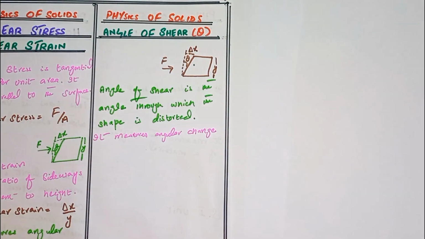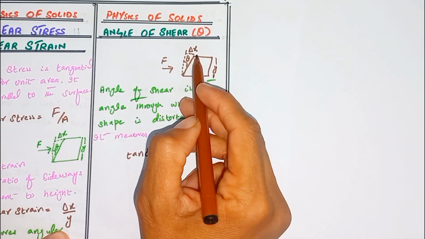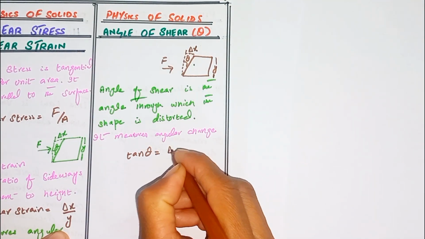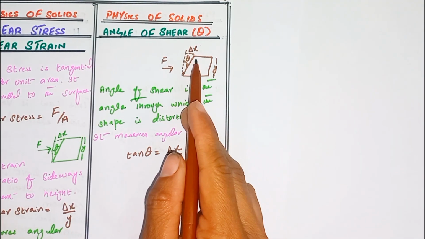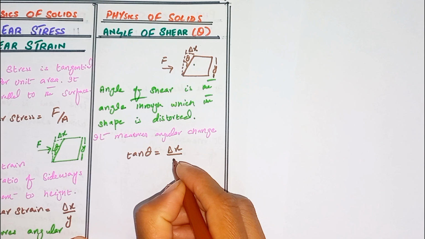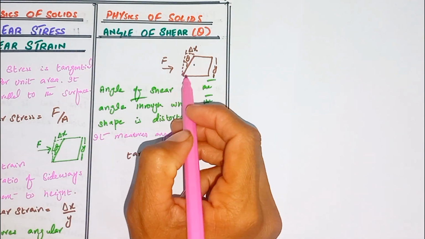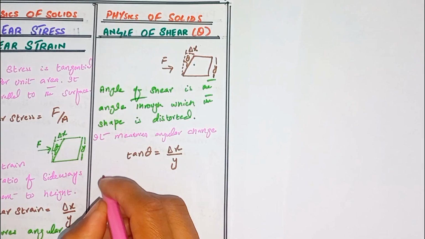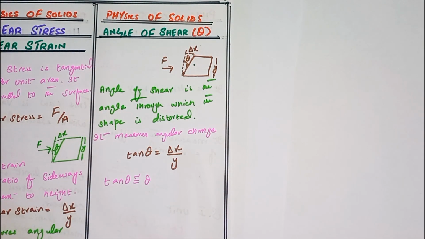If we talk about its formula, we can find tan theta, that is perpendicular over base. The perpendicular is the change in displacement, and the base is the height, y. For a small angle, the angular distortion is so small that we can take tan theta approximately equal to theta.